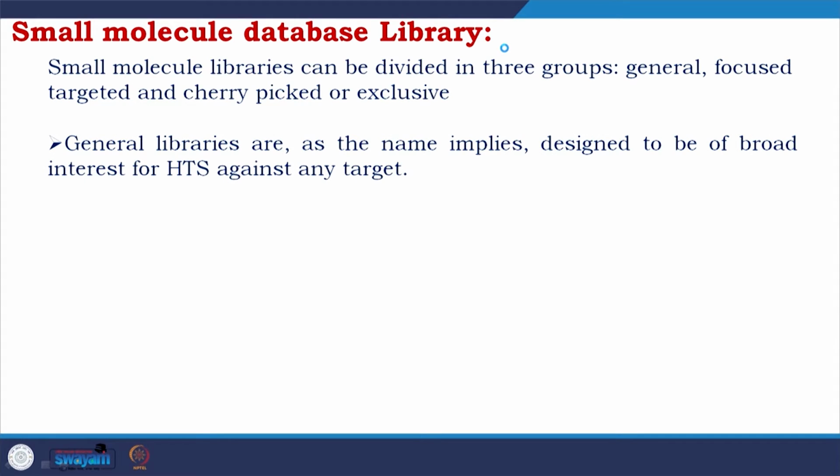Suppose a pharma industry has identified a lot of medicinally important plants and they isolate the small molecules. They do not know what exactly they are destined for, but they think that they could be tested against many diseases. They are called general libraries.